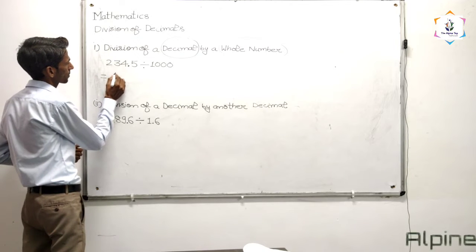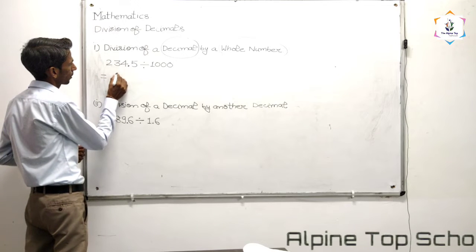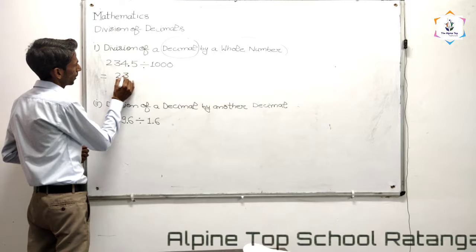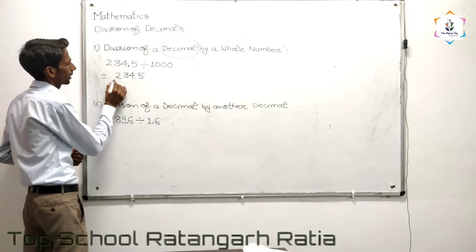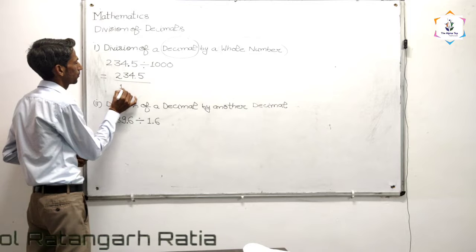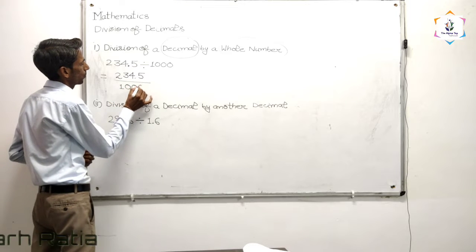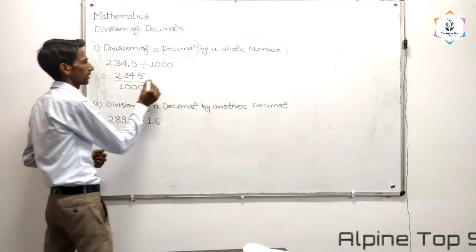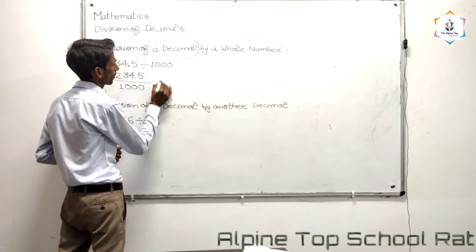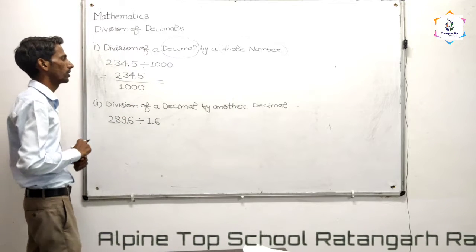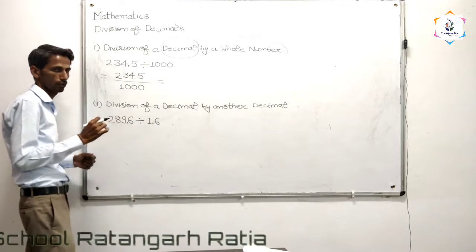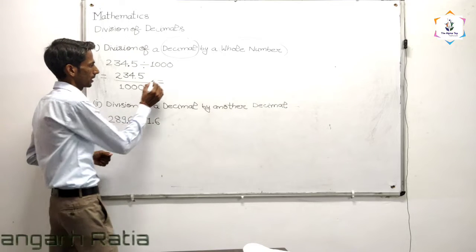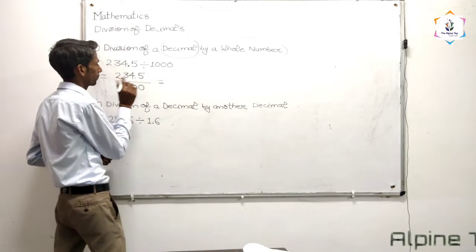Now dear students, firstly I can note this down like this: 234.5, because I want to divide it by 1000. I have noted it. Now this is the first step. In the second step, we have to convert this decimal number into a decimal fraction, and we know very well how we can convert.